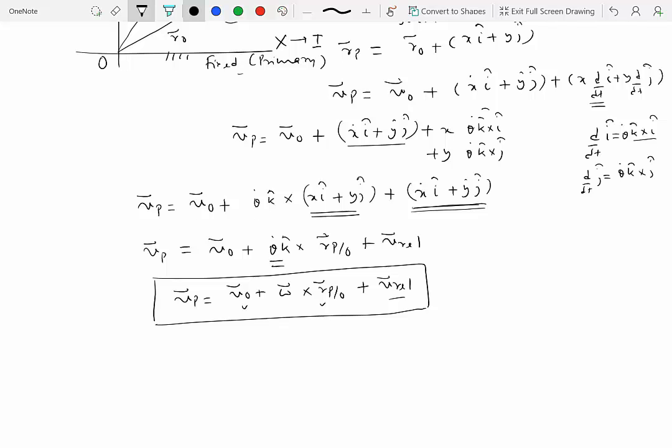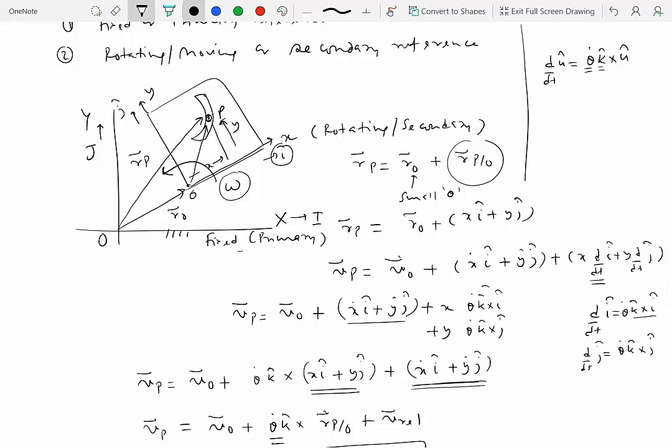What are x dot i hat and y dot j hat? x dot is the rate at which x is changing in this rotating reference frame, and y dot is the rate at which y is changing in this rotating reference frame, because you still have the i hat and j hat. In other words, this is telling you the rate at which the point P is changing its distance from O, right? Because small r is nothing but x i hat plus y j hat.